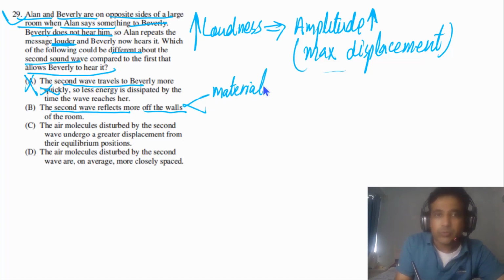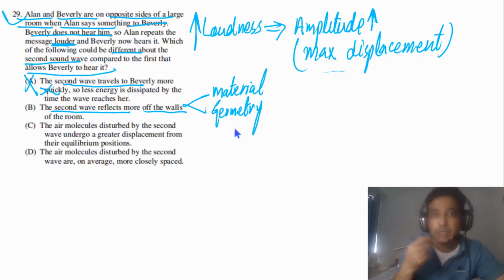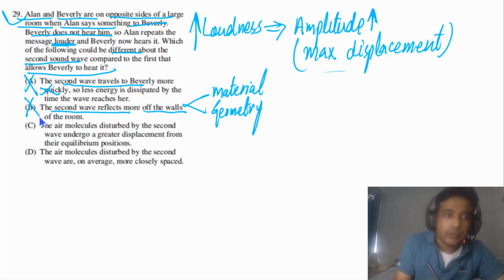The wall material is the same, and the geometry of the room is also the same. It means reflection is also the same. So this is also incorrect. The air molecules disturbed by the second wave undergo a greater displacement from equilibrium, meaning higher amplitude. So this one is correct.